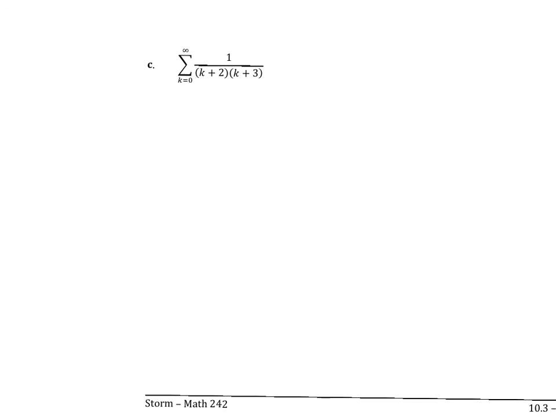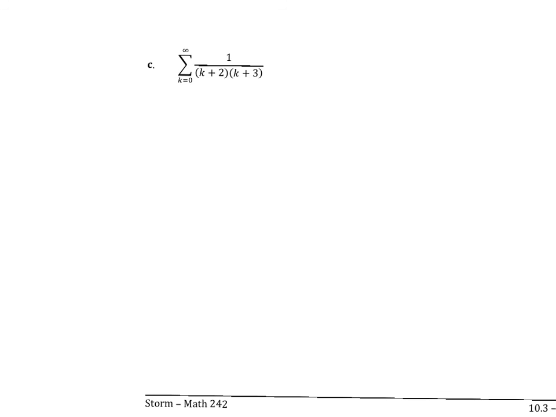And let's do one more example. This is a fun example because this is not a geometric series. Notice that in the denominator I have k plus 2 and k plus 3. So this is not a geometric series. It's not a telescoping series because I don't see a subtraction. The key to telescoping is you want to subtract two terms.